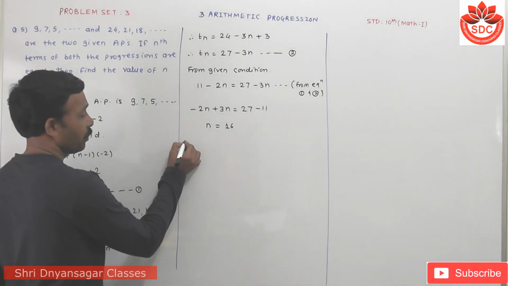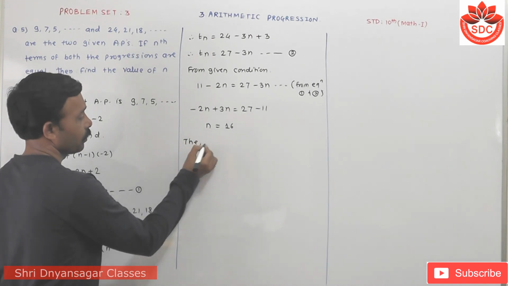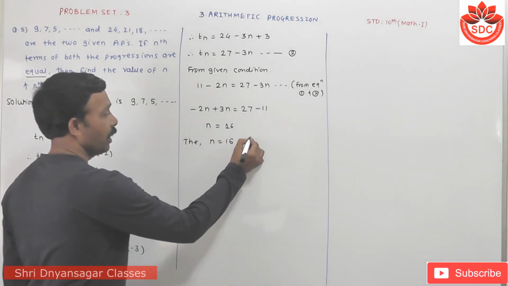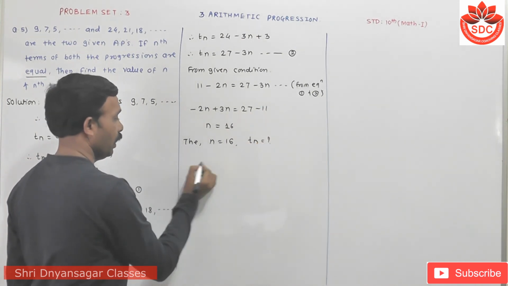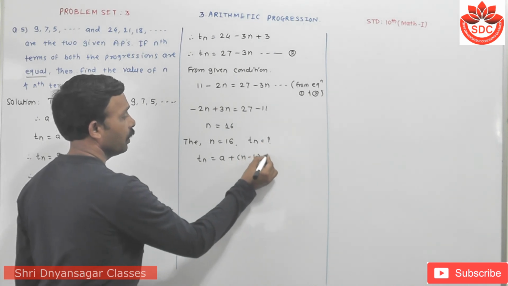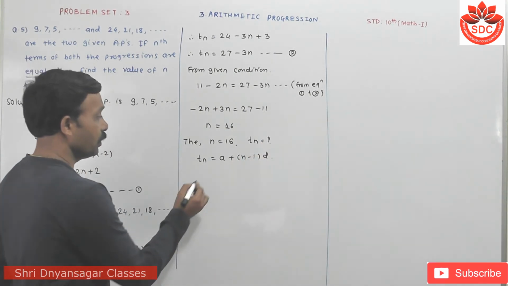Now then n is equal to 16. We have to find out Tn. Therefore the formula: Tn is equal to a plus n minus 1 into d. Substitute this value.